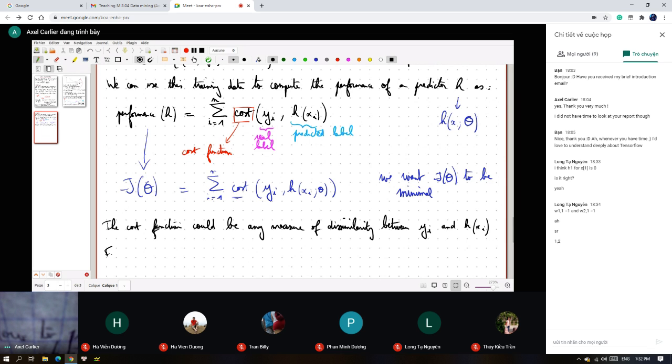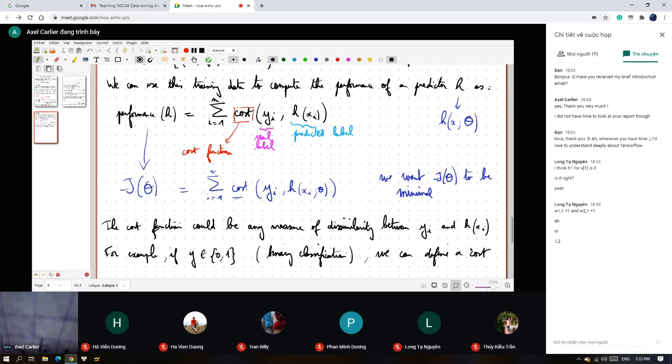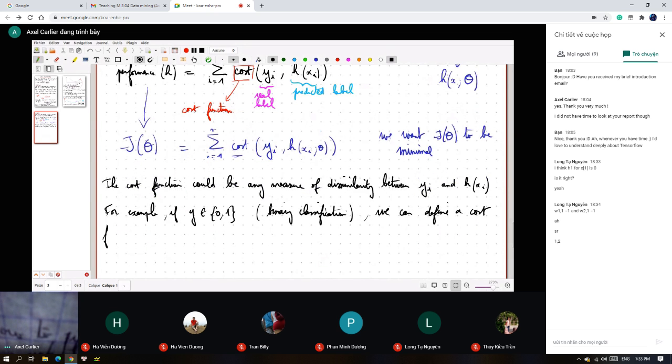For example, if y belongs to {0, 1}, which means we are doing binary classification, we can define a cost function C of A, B, which is 0 if A equals B and 1 if A is different from B. This is very natural to do.